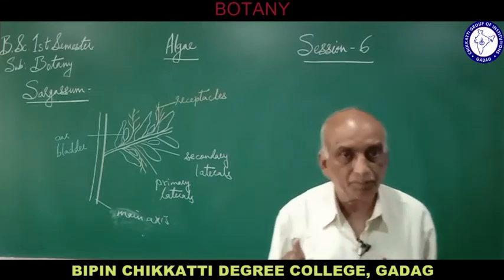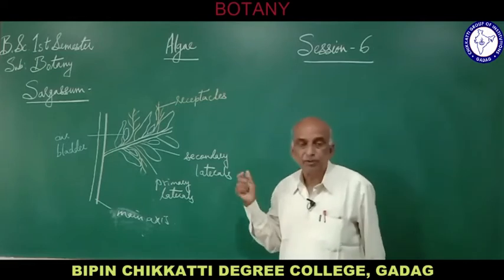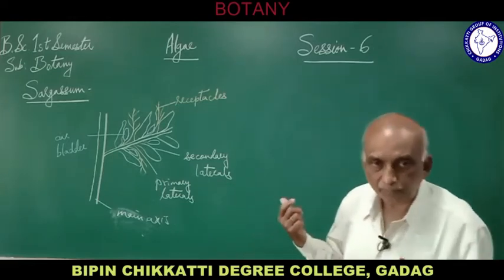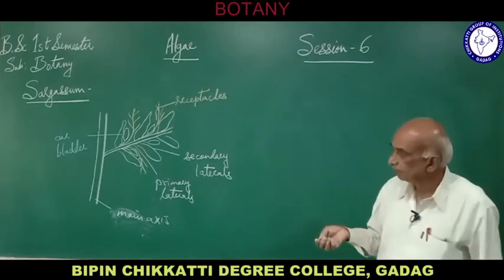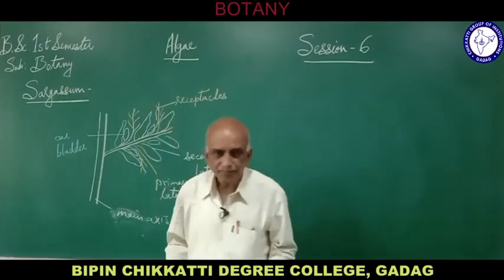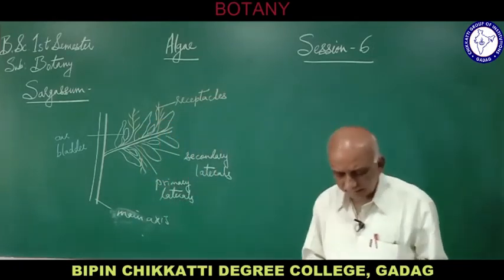The morphology resembles that of the angiospermic plant, because there are some leaf-like structures and all that. However, there are reproductive organs in these receptacles.